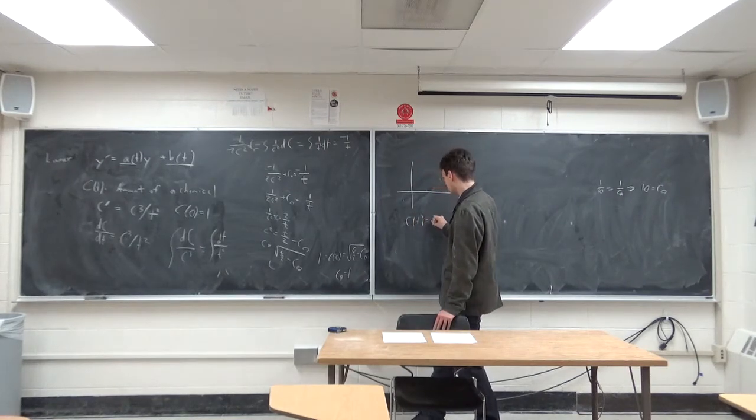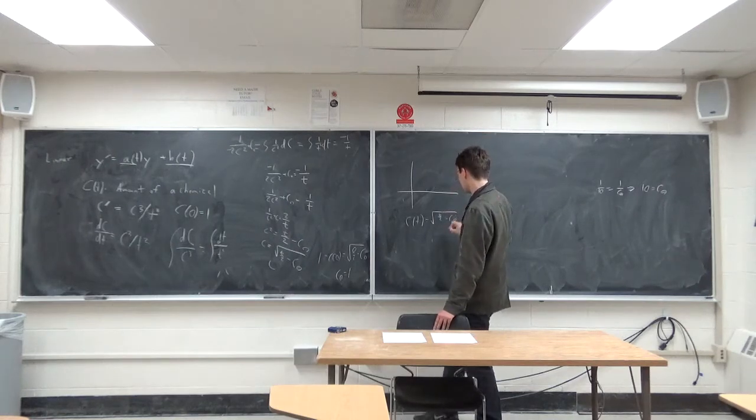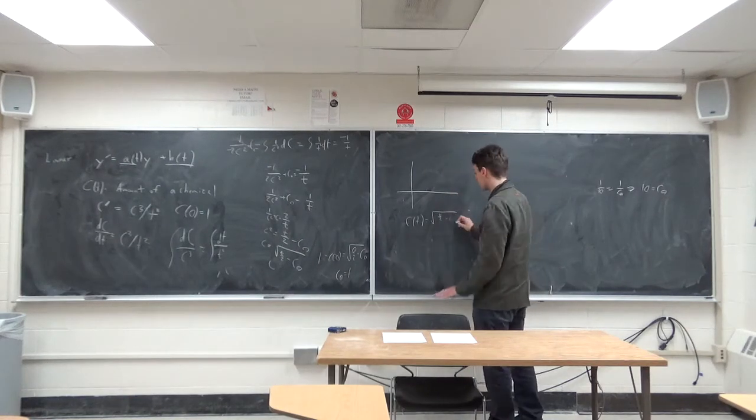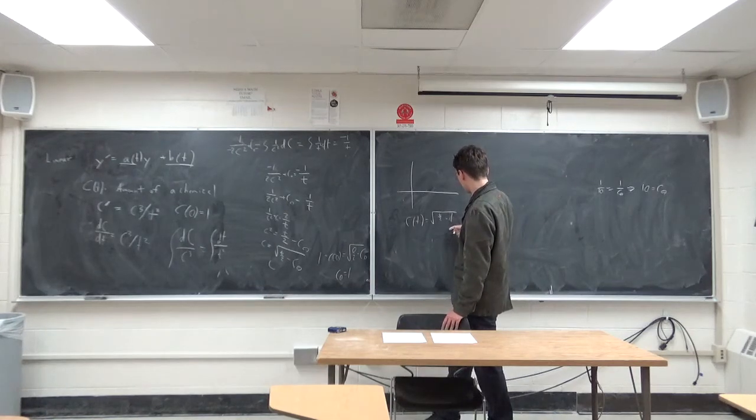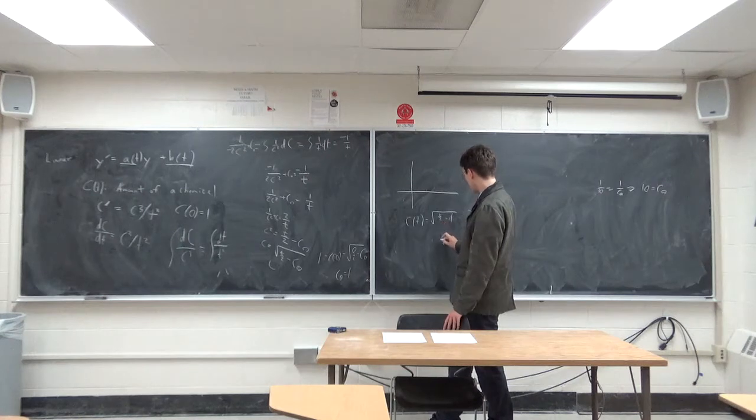C of t equals the square root of t over 2 minus c naught. Now it's 1. So what does this look like? Where does he start? He starts when t equals 2, as in that's when it equals 0.